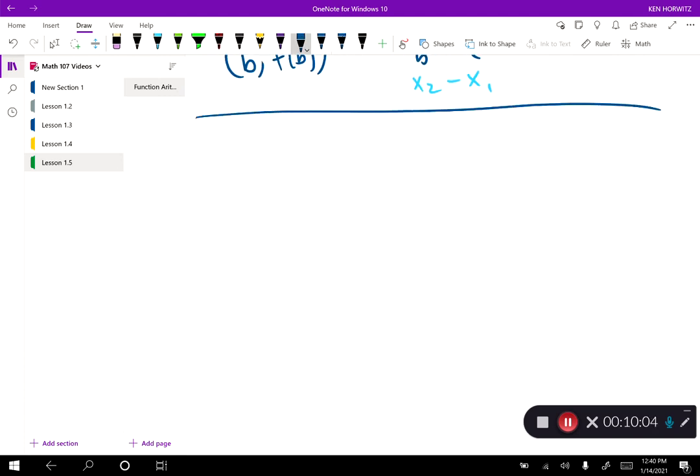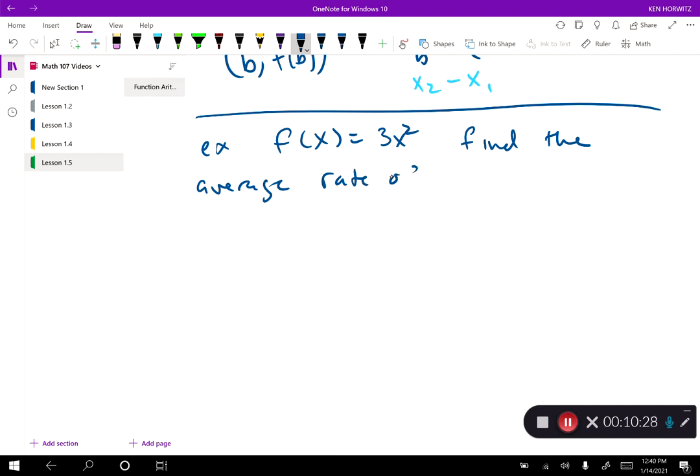Let's say our f of x equals, I'm going to do a small function, 3x squared, and I want to find the average rate of change from 1 to 3.